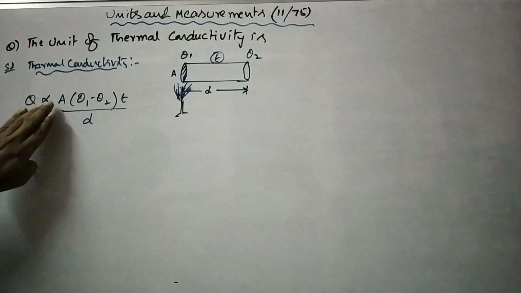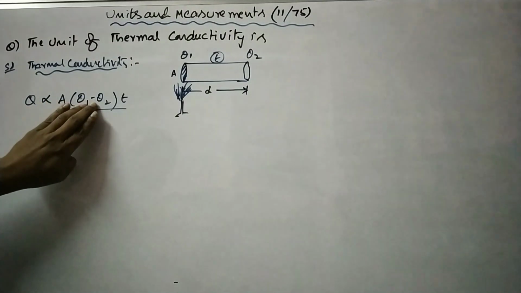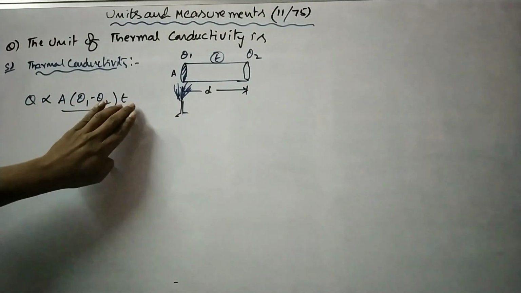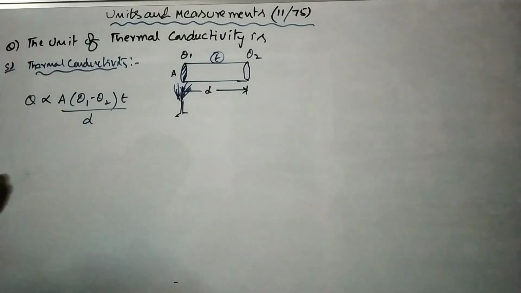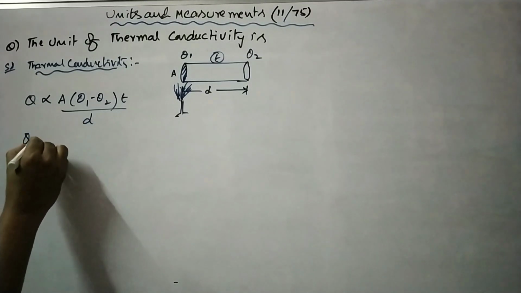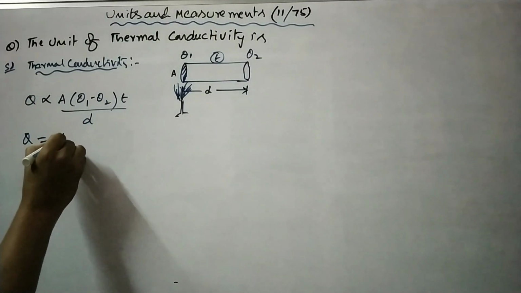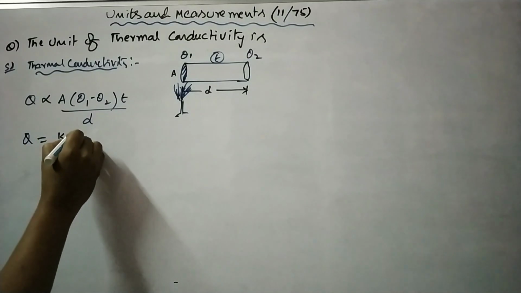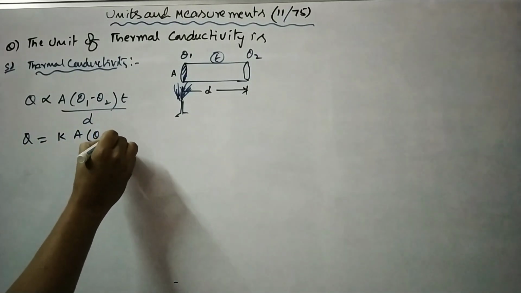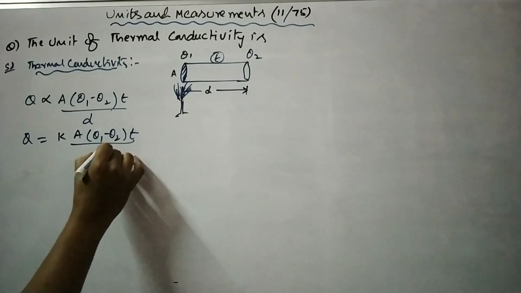That means Q is proportional to A, proportional to theta 1 minus theta 2, proportional to t, and inversely proportional to d. After removing the proportionality, put a constant called K: Q equals K into A into theta 1 minus theta 2 into t by d.